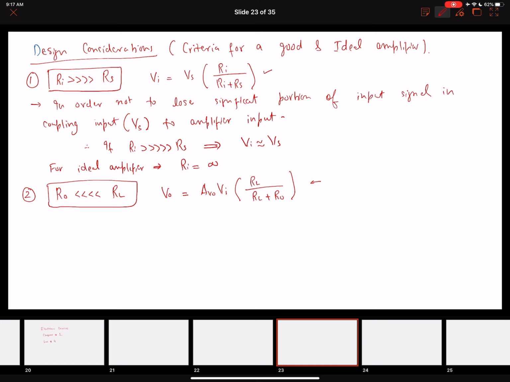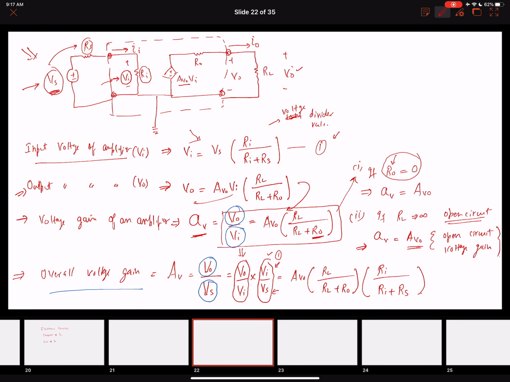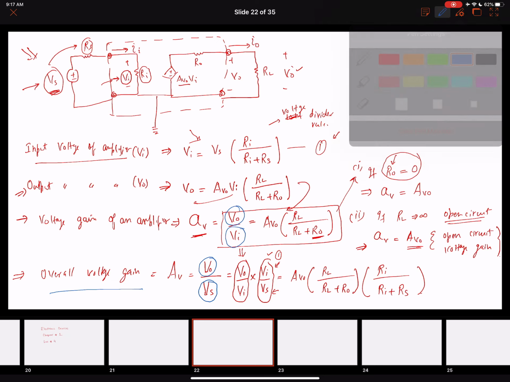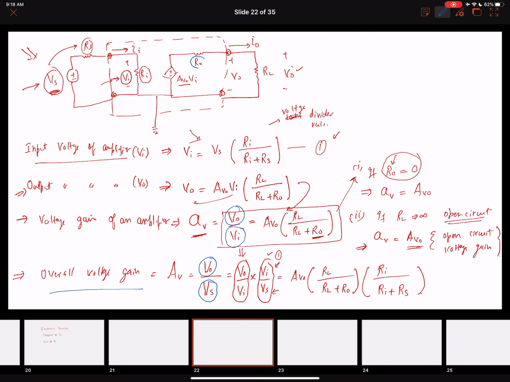So now let's look back at the circuit. Why do we need a very small R0 as compared to the RL, right? Going back to the circuit again, we want this resistance to be as small as possible and ideally even zero, so that all the potential drop will happen across the load resistance that we want, right? So that is why we want the R0 here to be as small as possible compared to the load resistance and ideally zero.